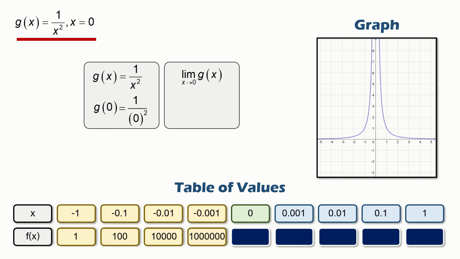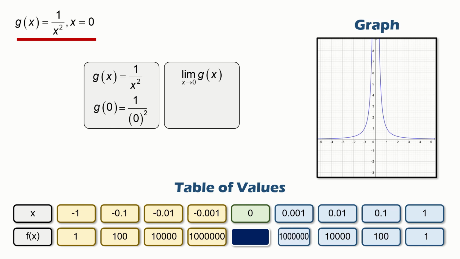On the right side, when x is 1, the function is 1. When x is 0.1, the function is 100. When x is 0.01, the function is 10,000. When x is 0.001, the function is 1 million.